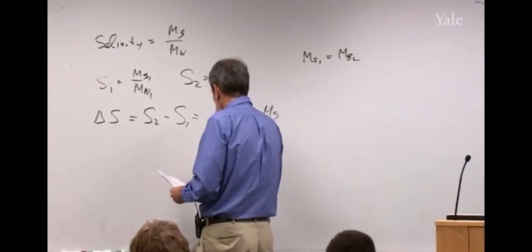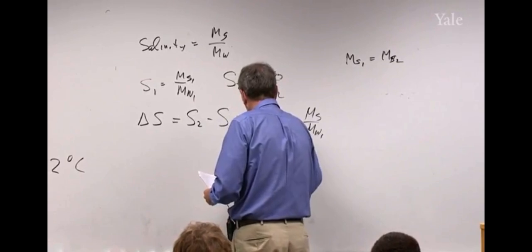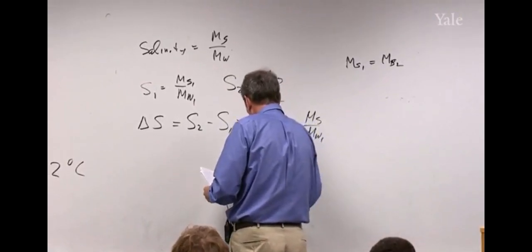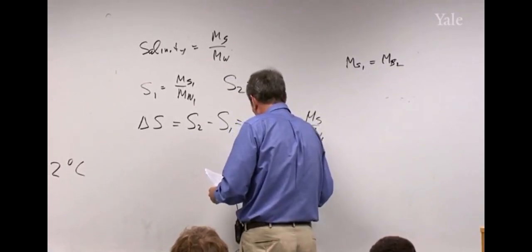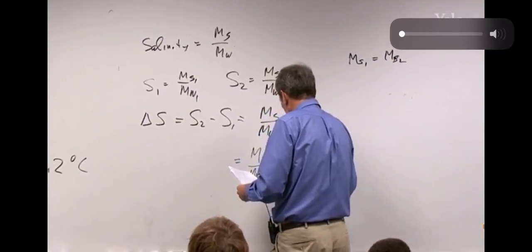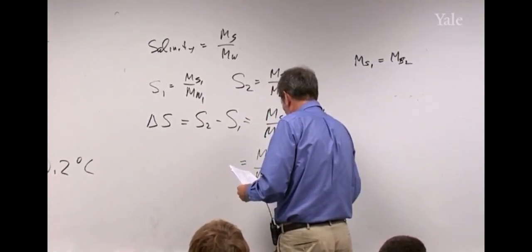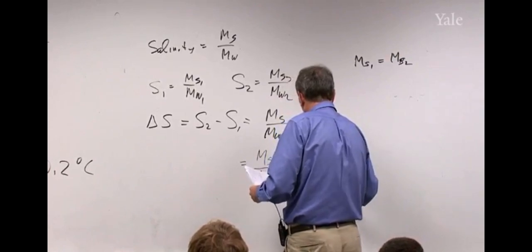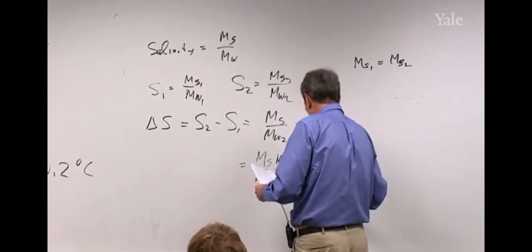With just a little bit of manipulation, I can rewrite this as MS over M water 1 times the bracket M water 1 over M water 2 minus M salt over M water 1.